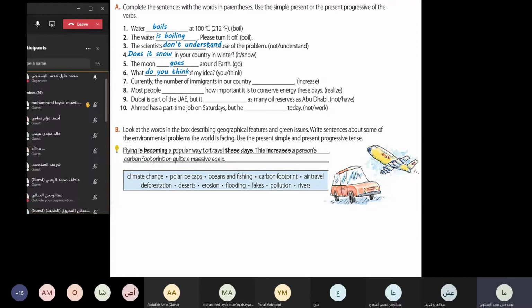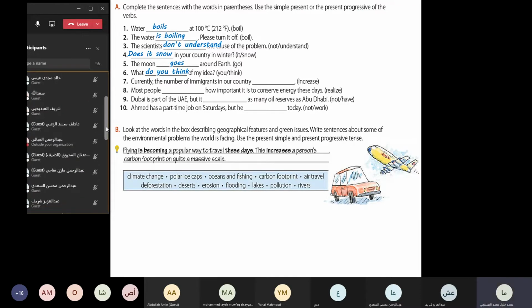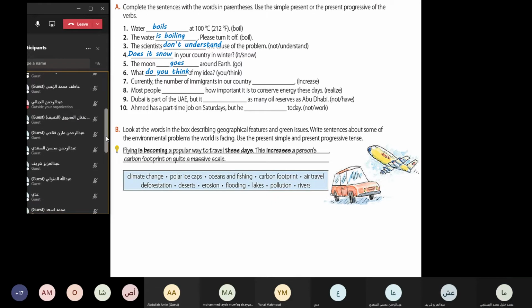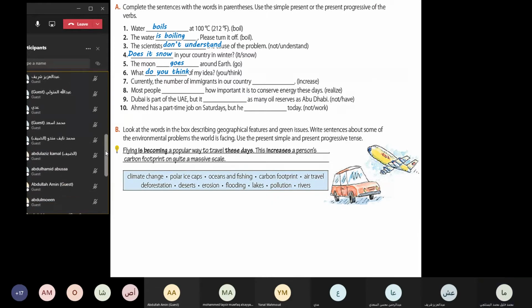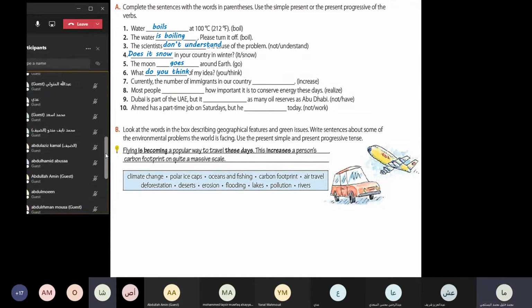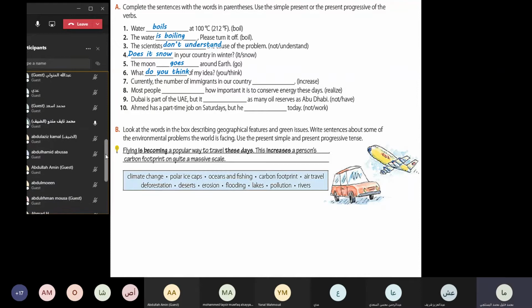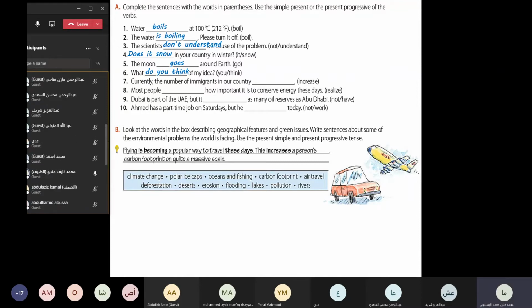Next, number 7. Who can try? Hamad Asad, are you here? Hamad Naif? Yes. Hamad Naif, please read number 7.